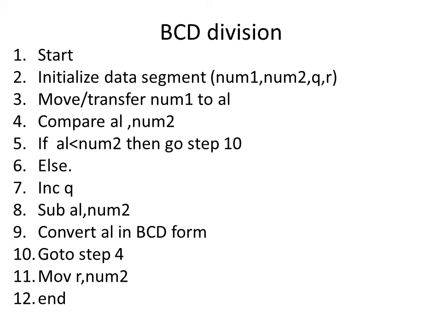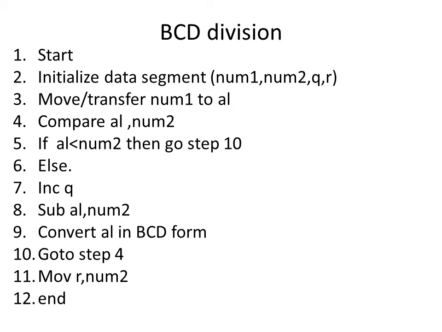If 5 is greater than 3, then again subtract 3 from the result of subtraction: 5 minus 3 is 2. Now the result of subtraction is 2, which is less than num2, that is 3. So here we have to stop performing subtraction.